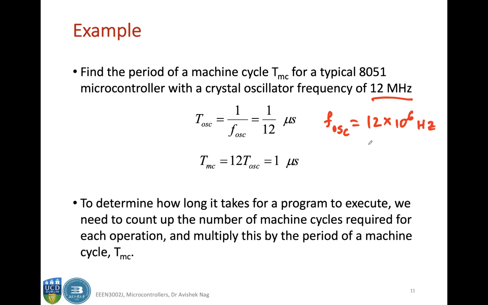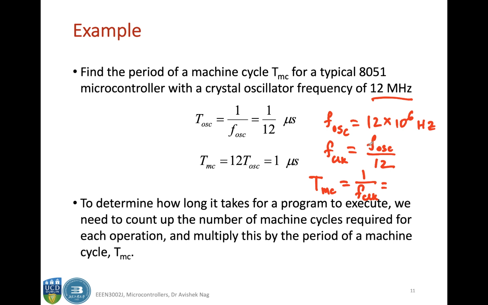The clock frequency of the microcontroller, let us define that as F clock, is basically F OSC by 12, and one machine cycle is basically 1 over this clock frequency, right?